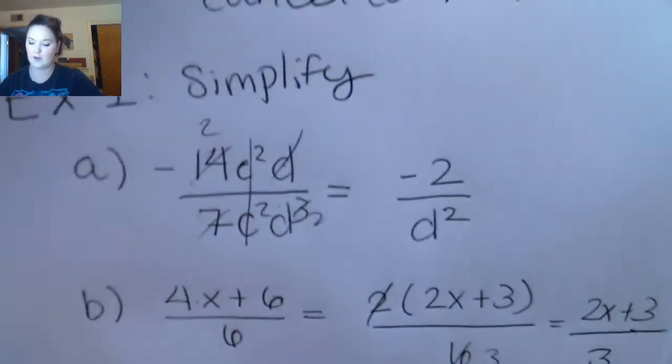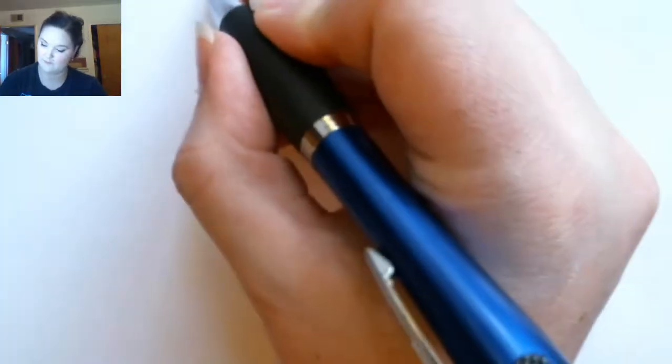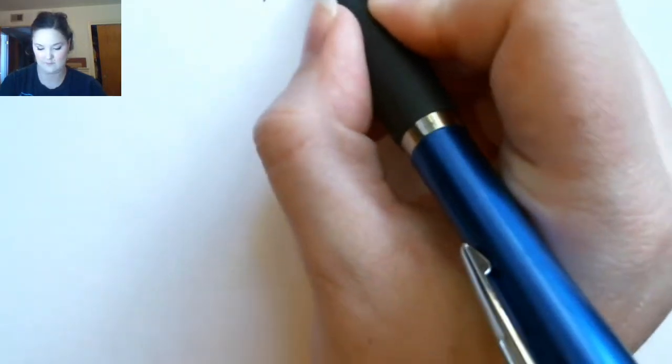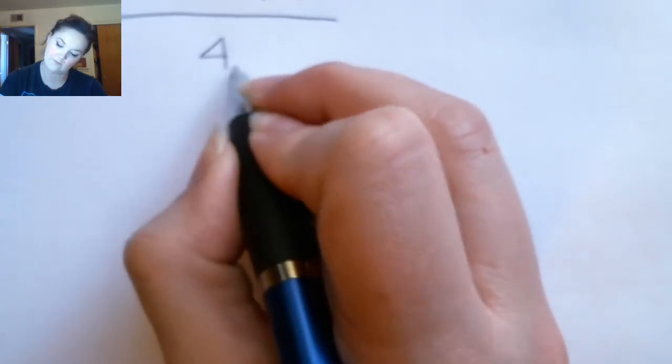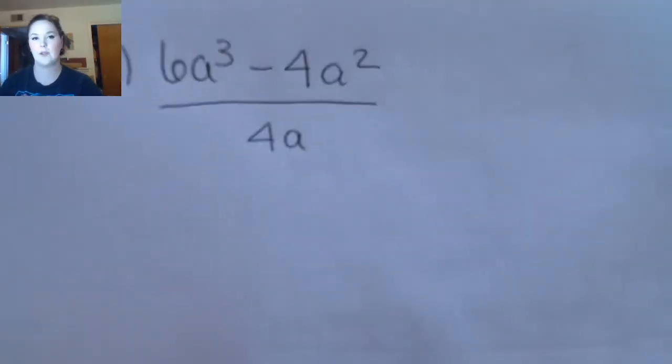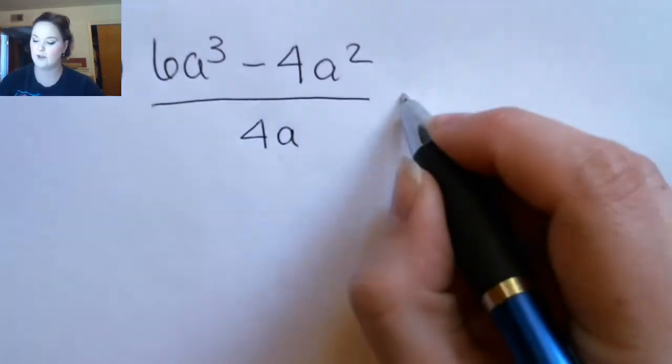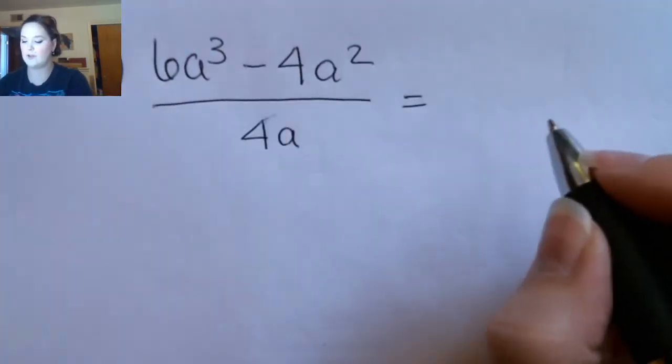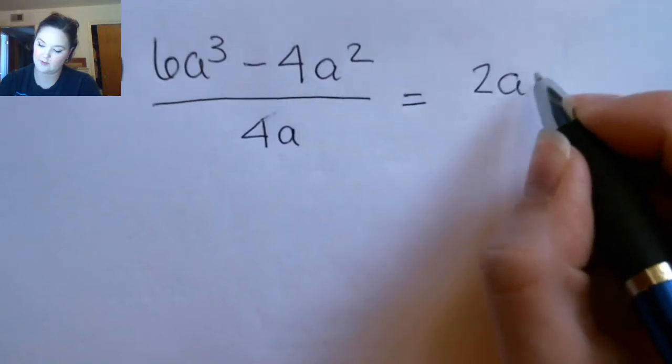All right, let's look at some more simplifies. So here we're going to factor the numerator. They have a common factor of 2a squared.